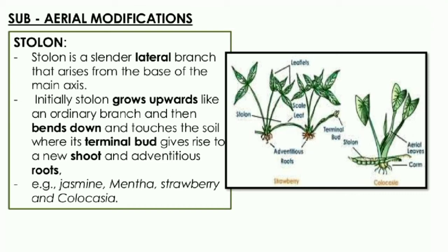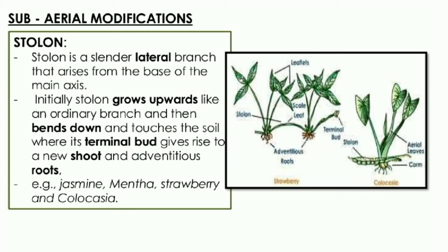You can see in the diagram, the first part is the original stem, the original part of the plant. This branch will grow vertically for some time, and later on it will bend towards the soil. When it reaches the soil, it will produce a shoot and adventitious roots.